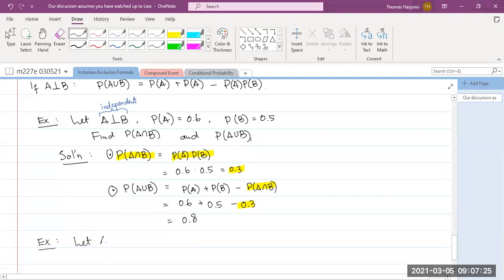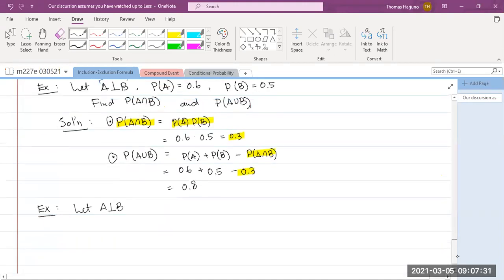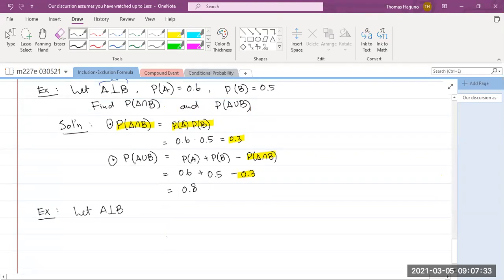Let A be independent from B. And if probability of B is, let's say, 0.5, and probability of the union, let's say, is 0.7.